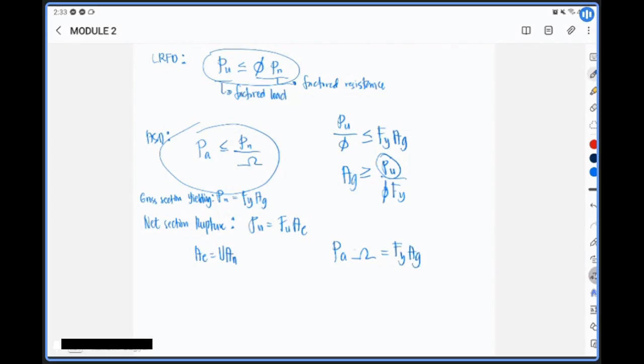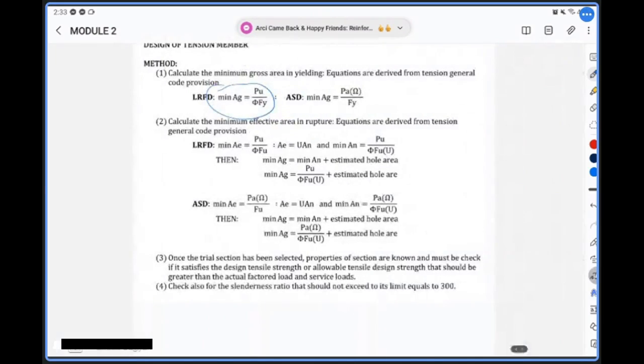So that the minimum gross area for ASD is equal to P sub A omega divided by Fy. We just put minimum on it.